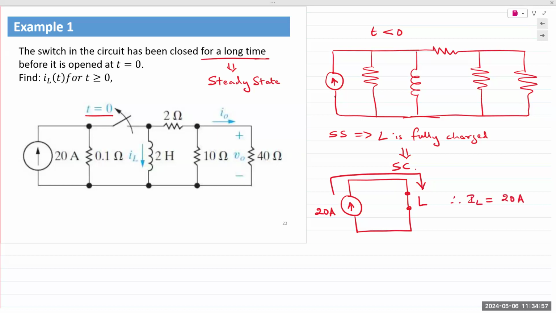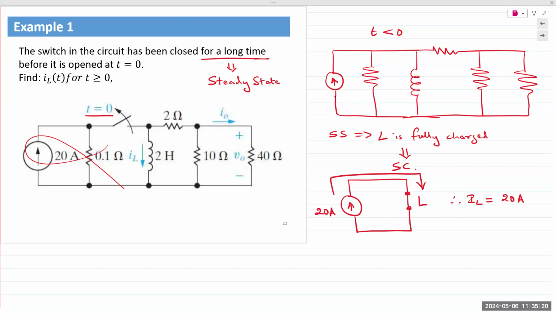Now this is the circuit condition right before the switch is flipped open. Now at t equal to 0, the switch flips open, what happens? The source and the 0.1 ohm resistor are disconnected. It's only connected at one end, meaning it's not part of the circuit anymore.